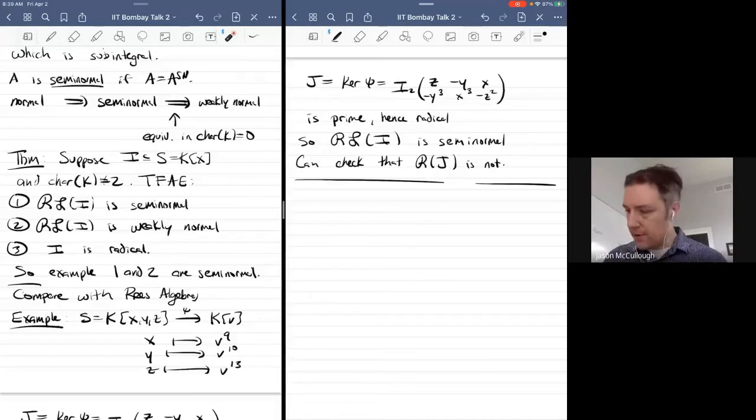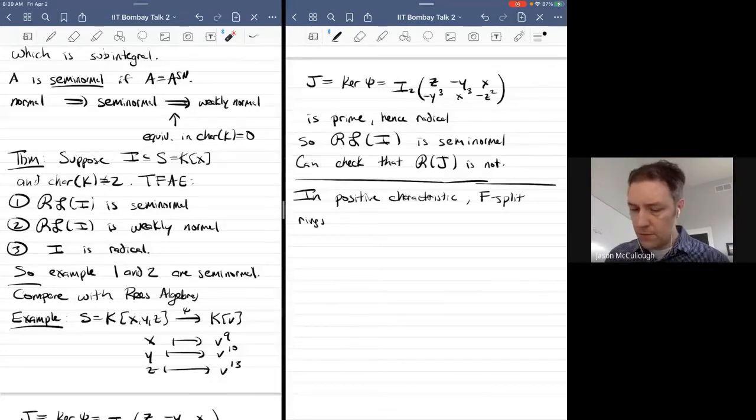So what can we say about F purity? Well, in positive characteristic, F split rings are weakly normal.